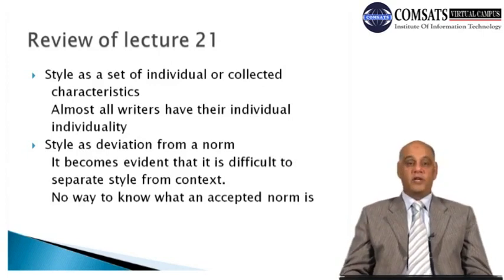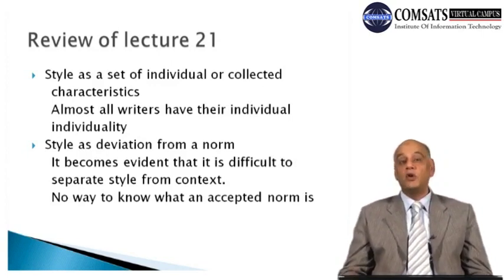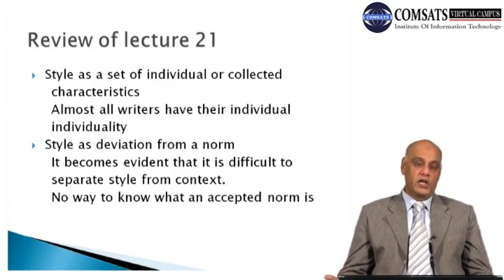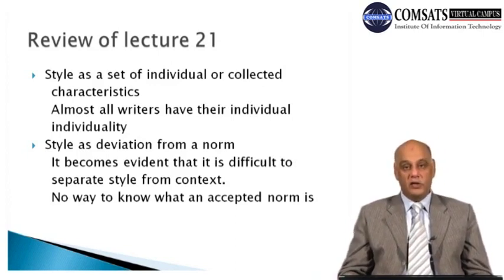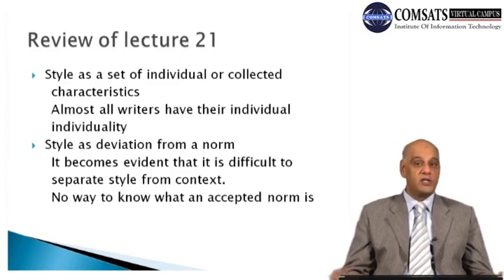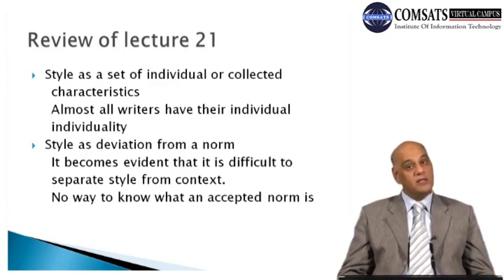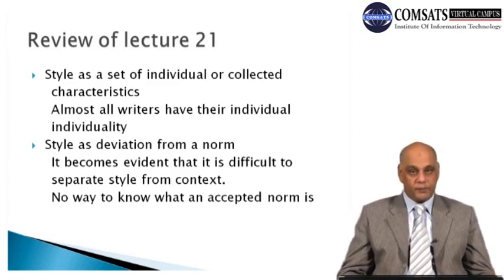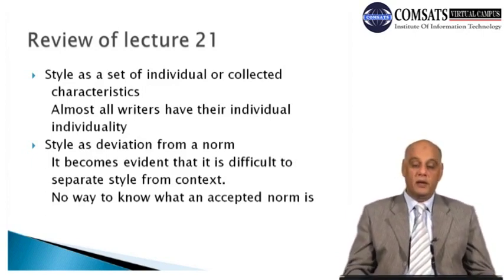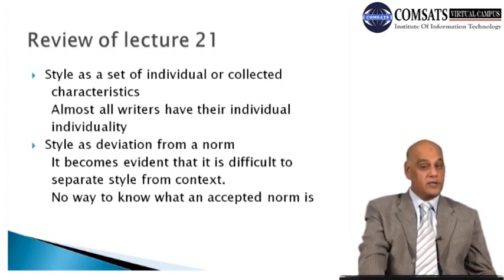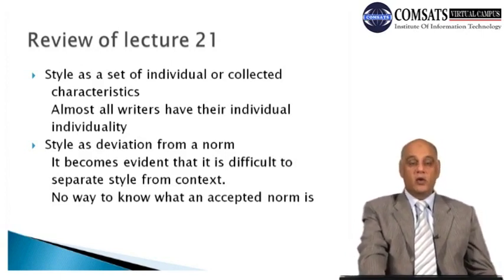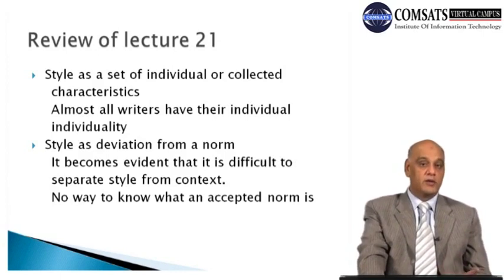But we discussed in detail what norms are and how they change. When norms and rules are likely to change, and deviations also change, we can't say that style is deviation from the norm, because norms are not permanent.